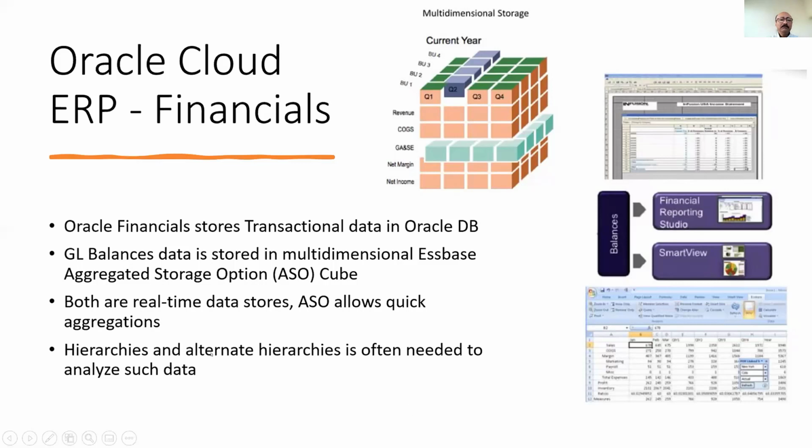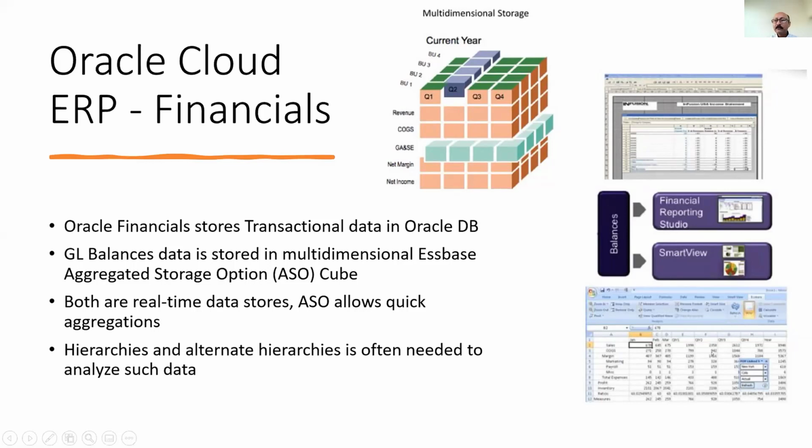The advantage it gives you is you can easily see data in various forms of aggregations. You can drill down on the hierarchies. Often we have a chart of accounts, which are basically the dimensions to look at your balances or your organization from a financial standpoint. And all those are very easily facilitated in a multidimensional form.